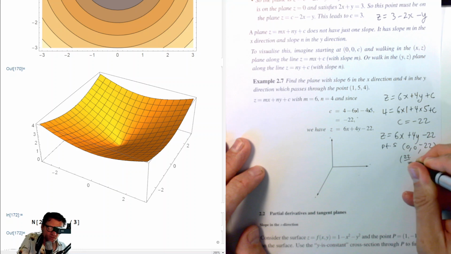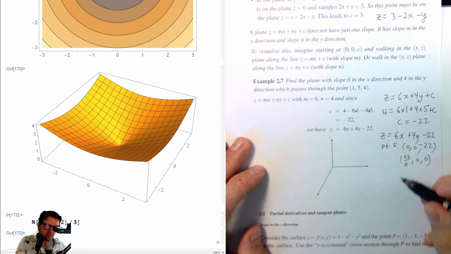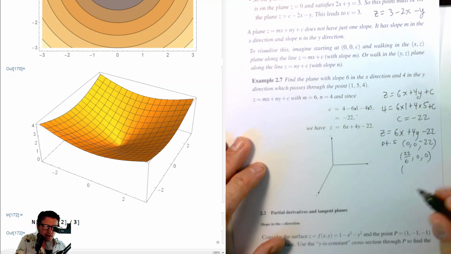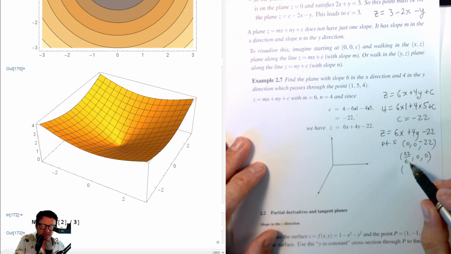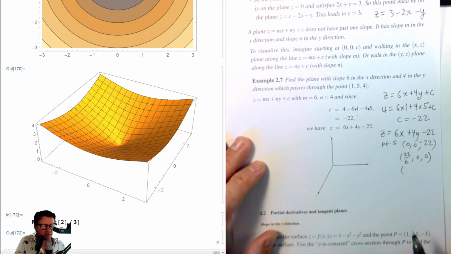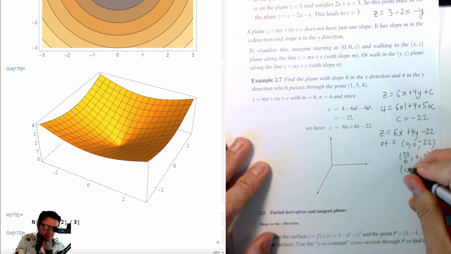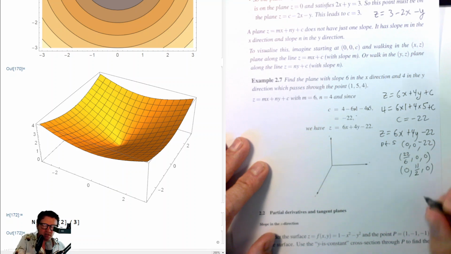So 22 over 6, 0, 0. That's between 3 and 4. Next, if x is 0 and z is 0, what y value do we have? 22 over 4 is 11 over 2, or 5.5. So 0, 11 over 2, and 0.